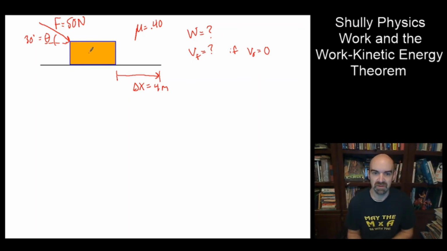And this is a very lightweight crate, so we're going to say this is a 2 kilogram crate. We need some mass in there. Okay, so that's our scenario. We've got a box, we're moving it, and we've got some friction here.